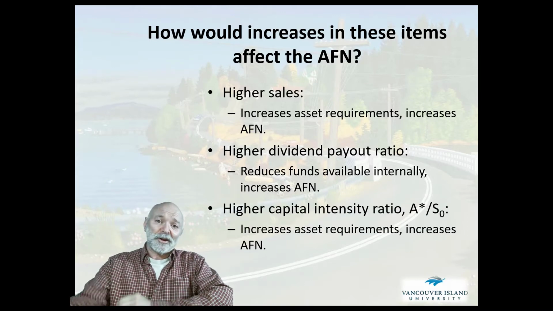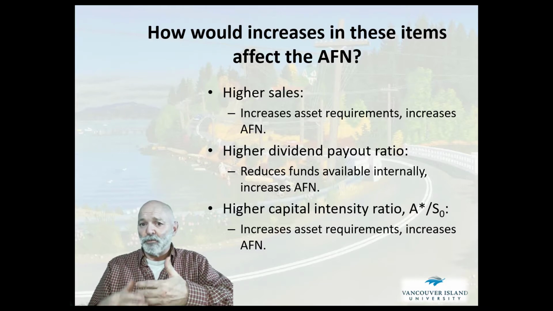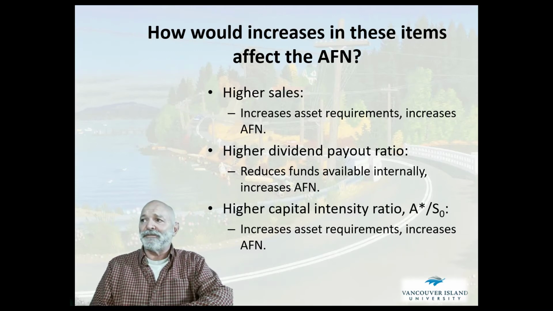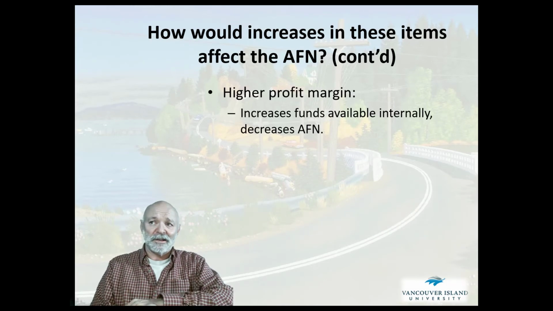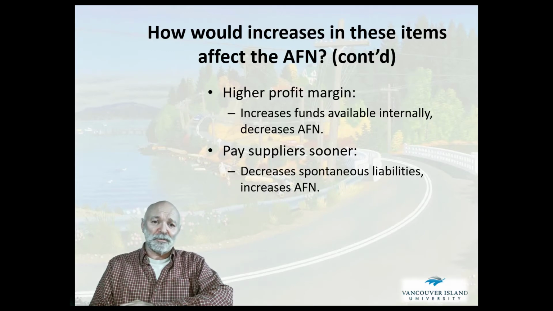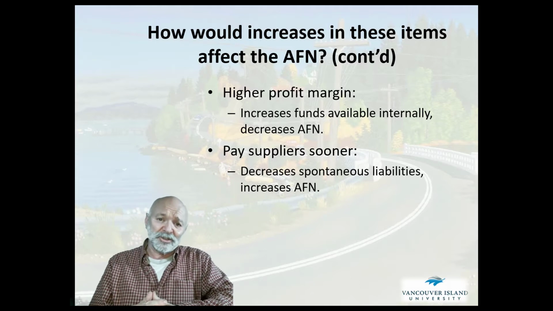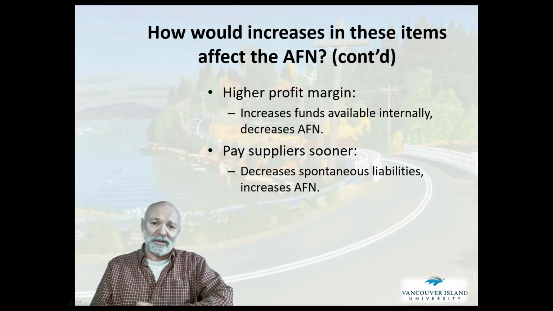If they have a higher capital intensity ratio, maybe they're using better machinery, they're creating more capital intensive production, that's also going to increase the funding requirement and the AFN. Higher profit margin, on the other hand, would increase the funds available internally, and it would decrease the AFN. And if we pay our suppliers sooner, well, that means that fewer of our assets are going to be paid for by suppliers. We're also going to have to increase the AFN.